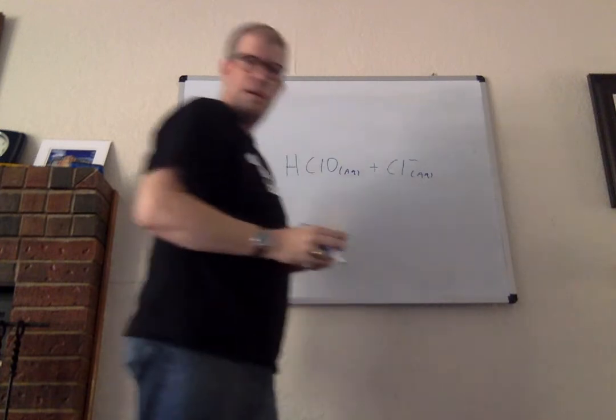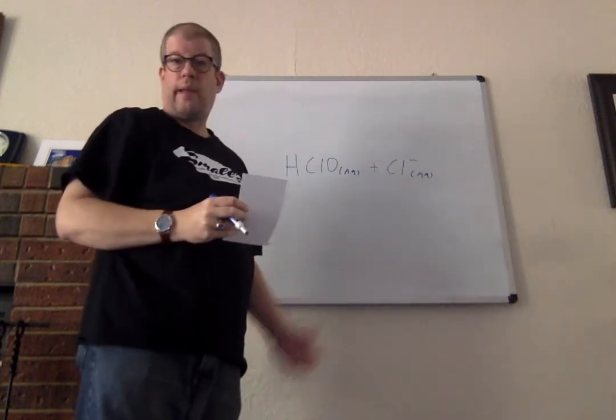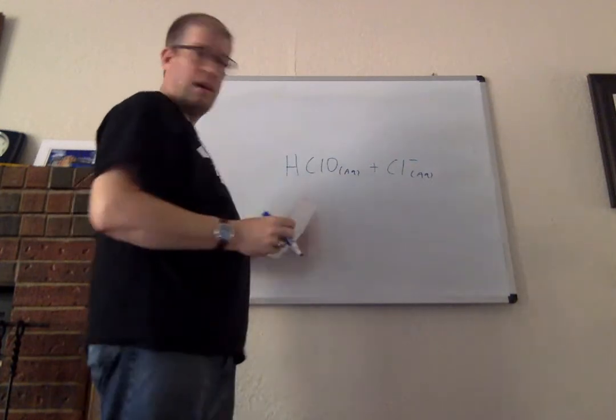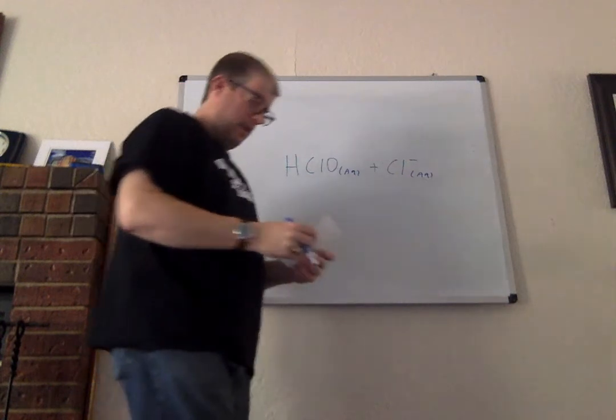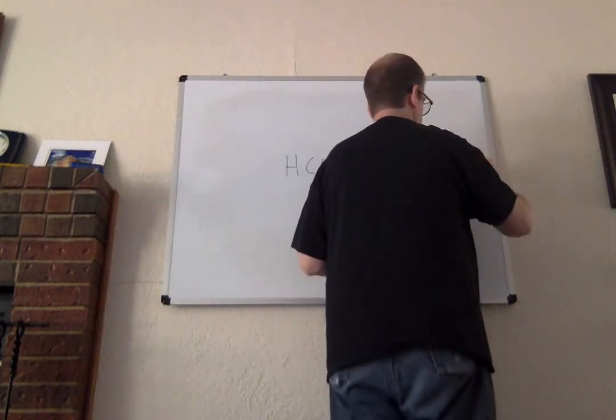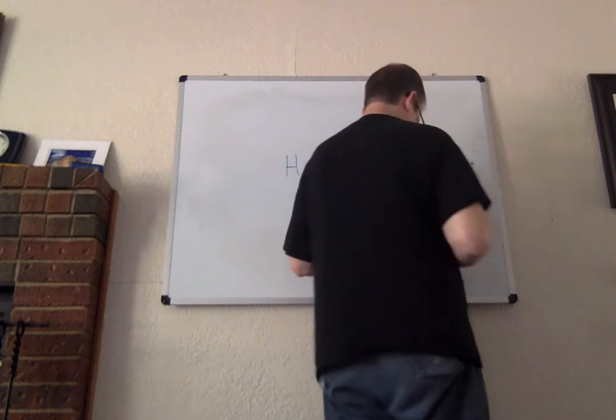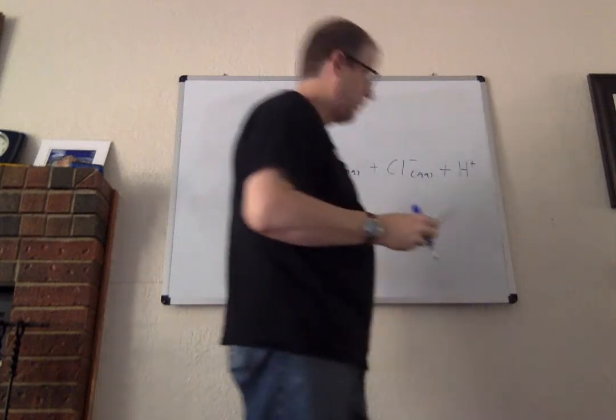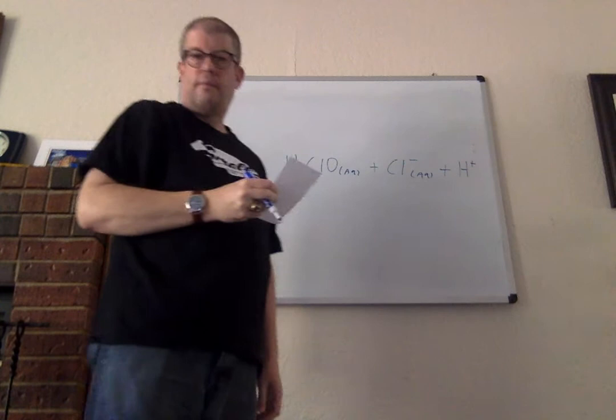It can combine with that chloride that is generated from the decomposition of its conjugate base that I just showed you. And if that encounters an acid, which is also present.